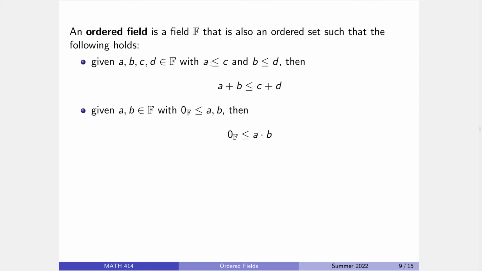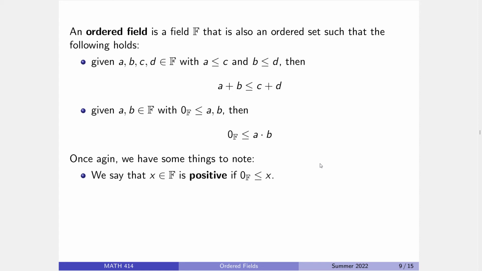The first one is that if I know A is less than C and B is less than D, then that summation works. And the second one is that multiplying two non-negative things remains non-negative. So those are the two things we need to assume about how addition and multiplication work with orderings.